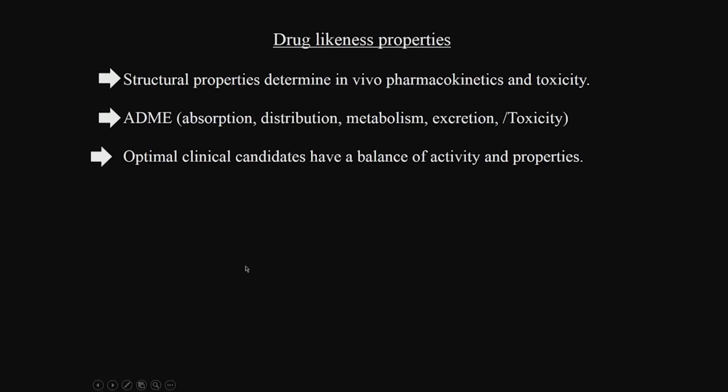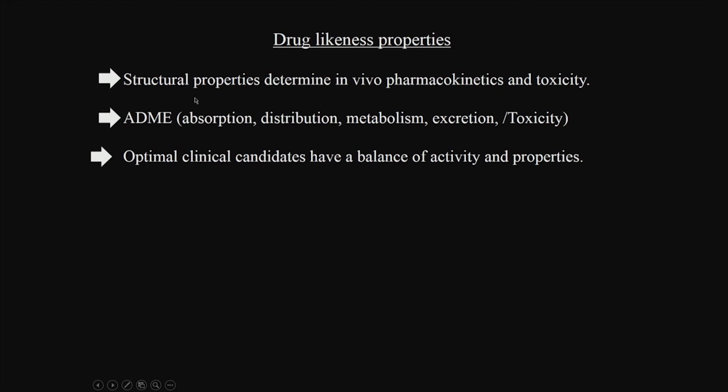Now, we have looked at the concept of solubility, we have looked at the concept of permeability. Now, there are many other factors and they all come under the class of drug likeness property. These are structural properties which determine in vivo pharmacokinetics and toxicity of a compound in the body, like ADME.